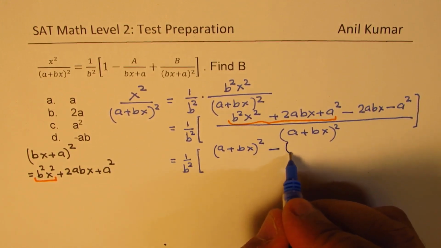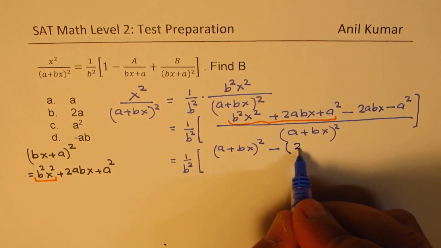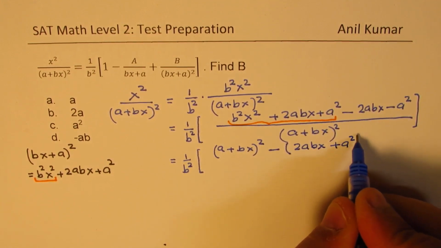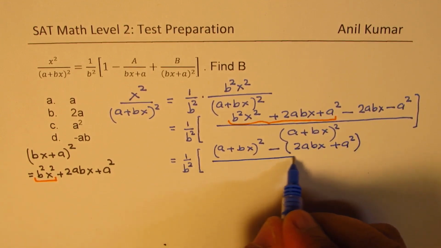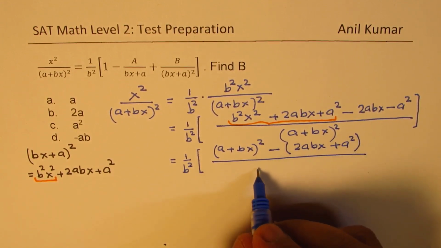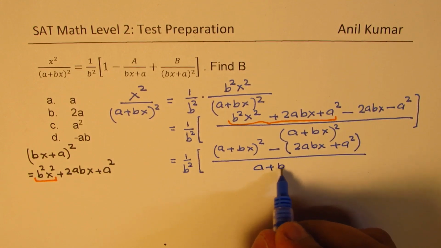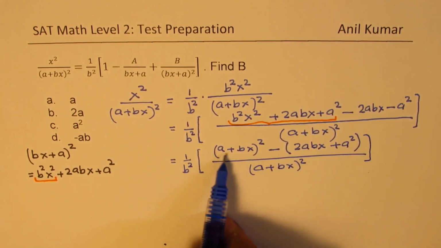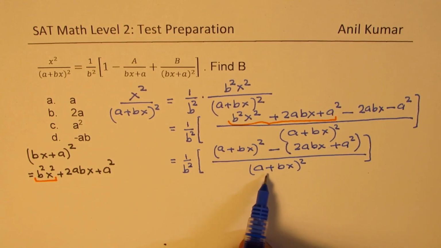Taking minus common, I could write this as 2abx plus a square, right? Divided by all this, which is a plus bx whole square. Now a plus bx whole square divided by a plus bx whole square gives me the first term 1, right?